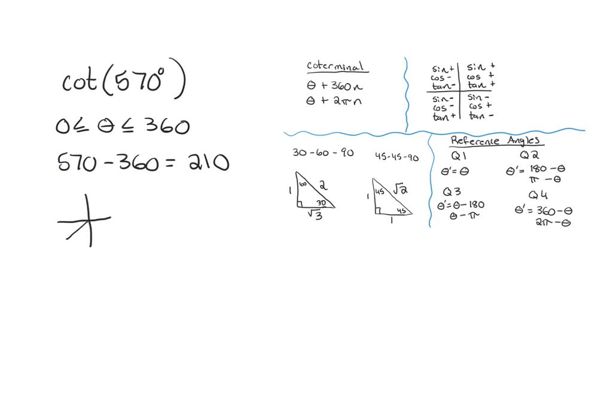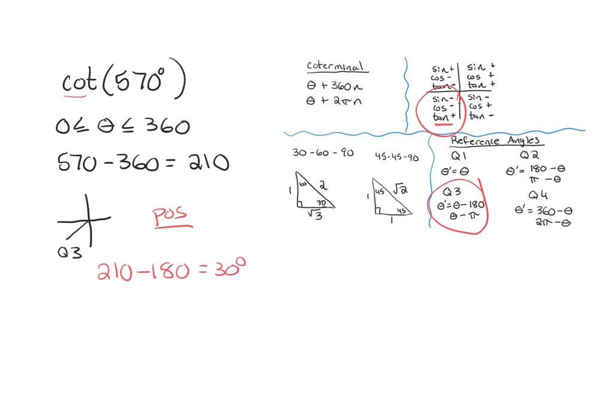210 is in quadrant 3, and in quadrant 3, cotangent relates to tangent, so that's positive. And in quadrant 3, we would do theta minus 180. So 210 minus 180 is 30 degrees.